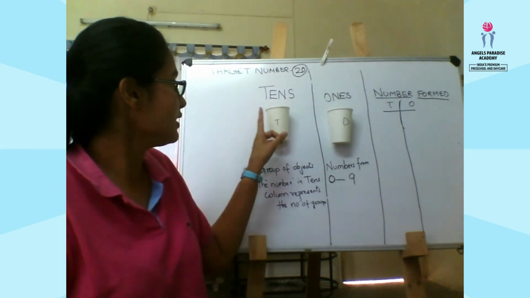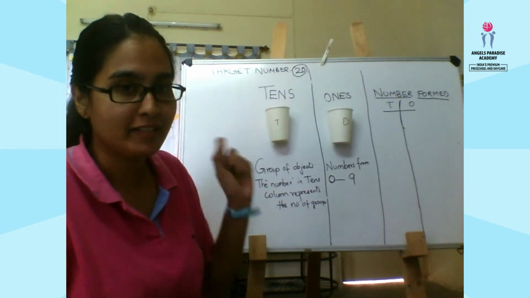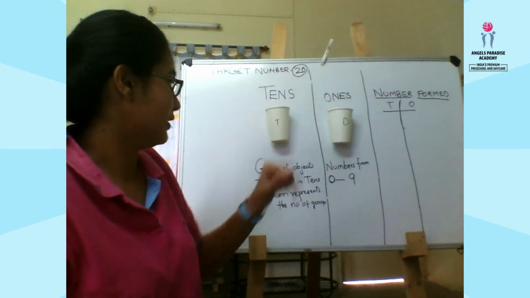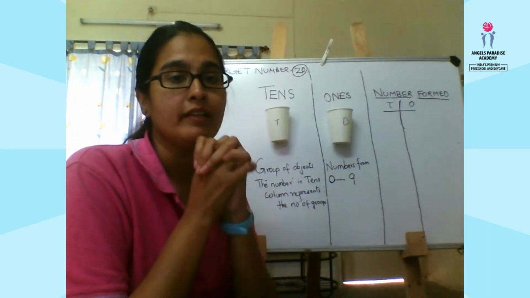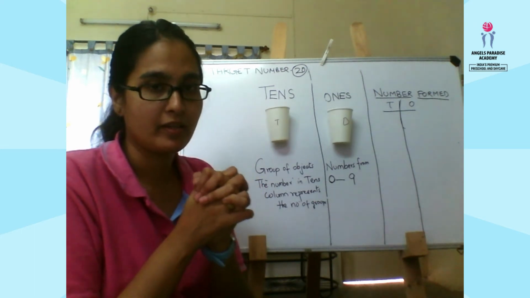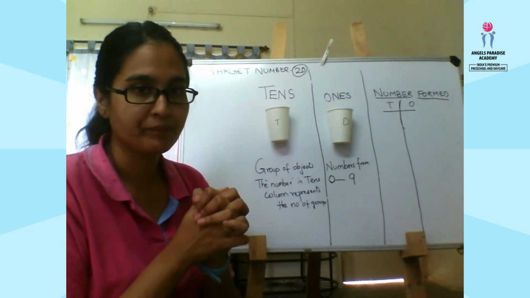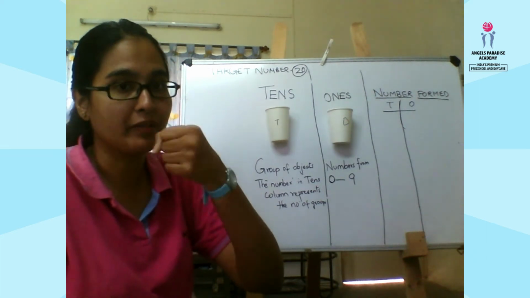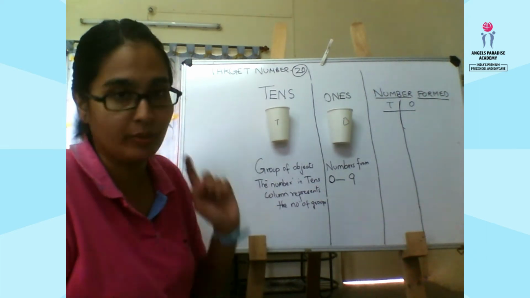Alright, so the number in the tens column, how do we write? This is tens and this is ones. So always remember, in the tens column, any group of objects, the number of groups represents the number in the tens column.